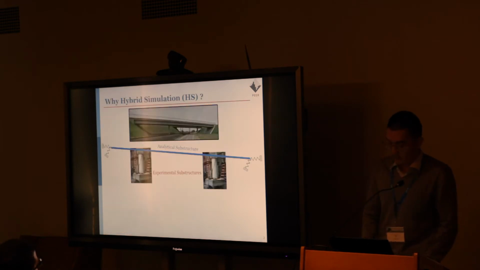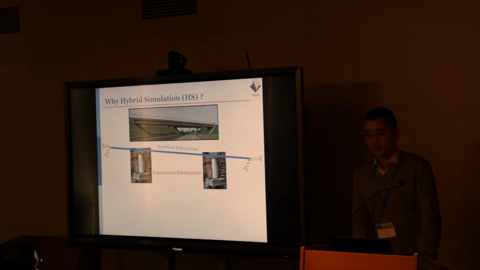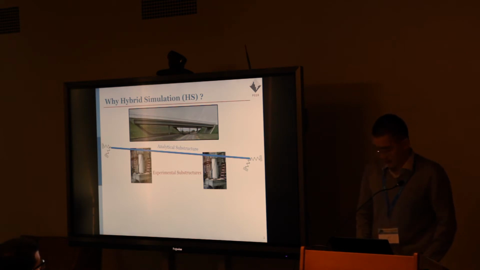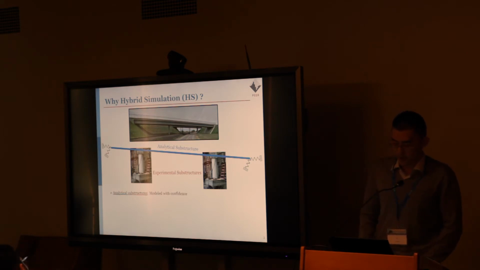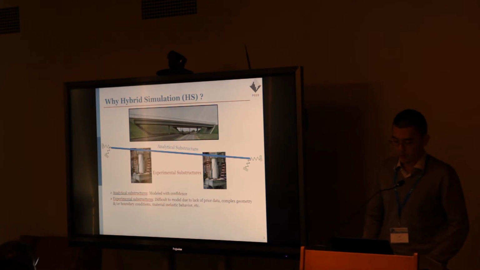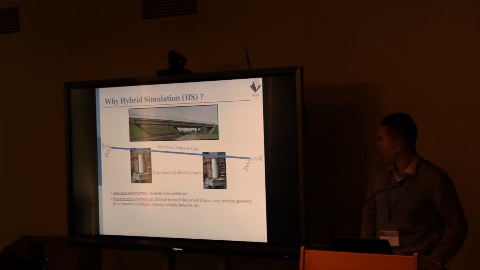earthquakes. So a few words about hybrid simulation. The idea of hybrid simulation is to split the structure into two parts, the analytical part and the experimental part. The analytical substructures are generally those that can be modeled with confidence, while the experimental substructures are those that are difficult to model, maybe due to lack of prior data, due to complex geometry and boundary conditions, or because of the material inelastic behavior.